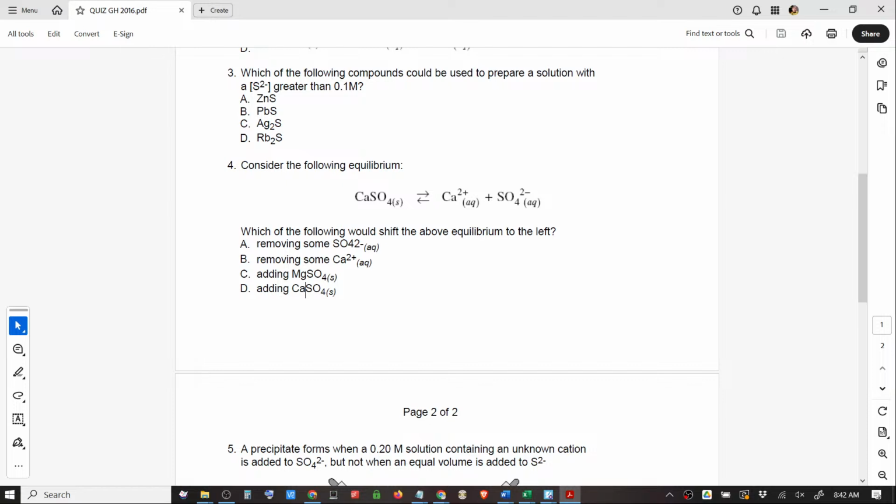If you add calcium sulfate, why doesn't it shift it to the right? Well, magnesium sulfate works because it separates, and you get sulfate, which shifts it to the left. But what's wrong with adding calcium sulfate? It would work in almost every other equilibrium. It has to do with its state.